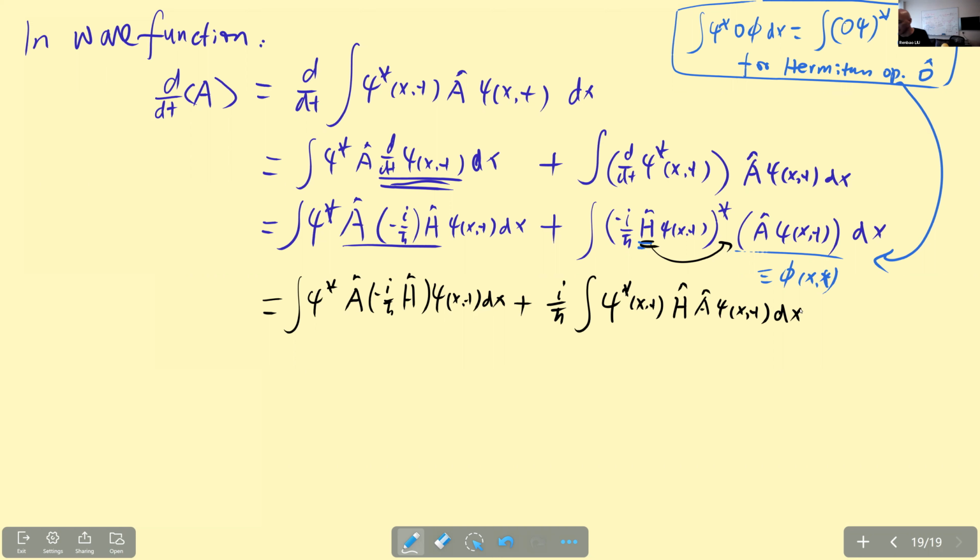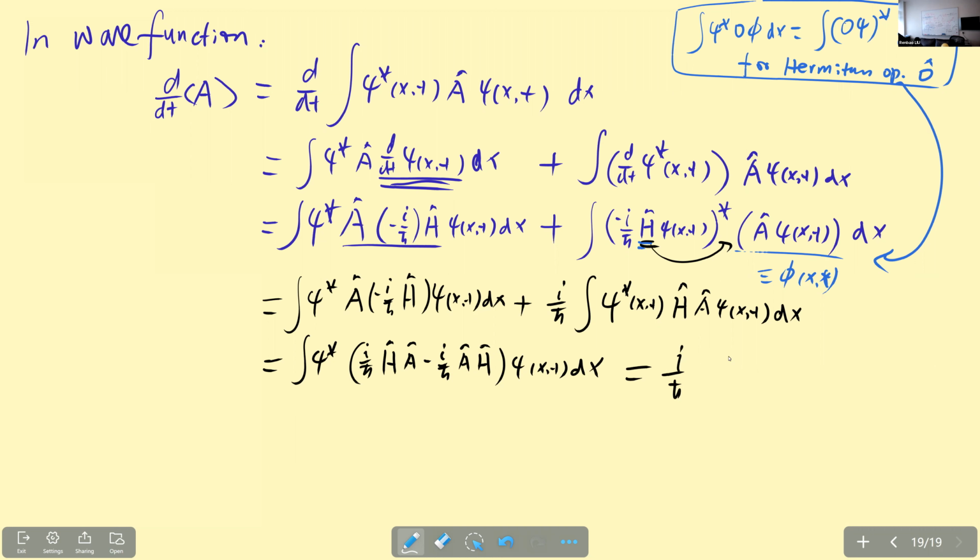So now you can see that this one is nothing but equals, okay. Right, so we proved this one for the evolution, right?